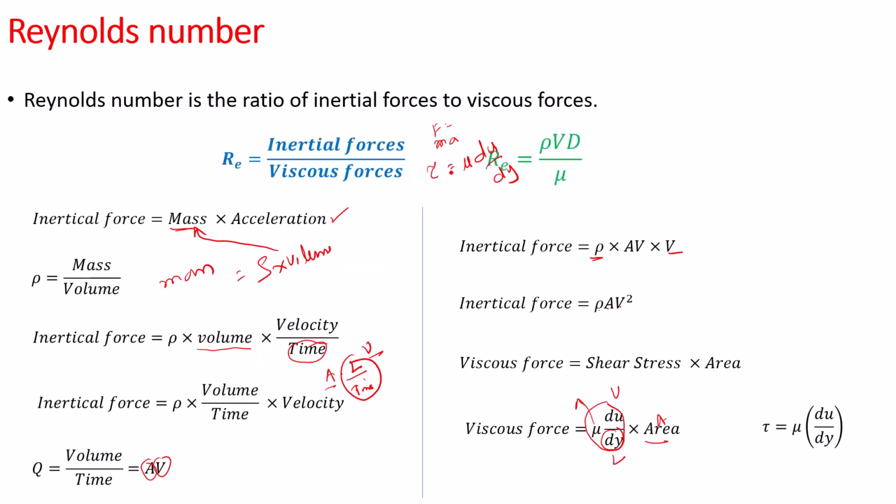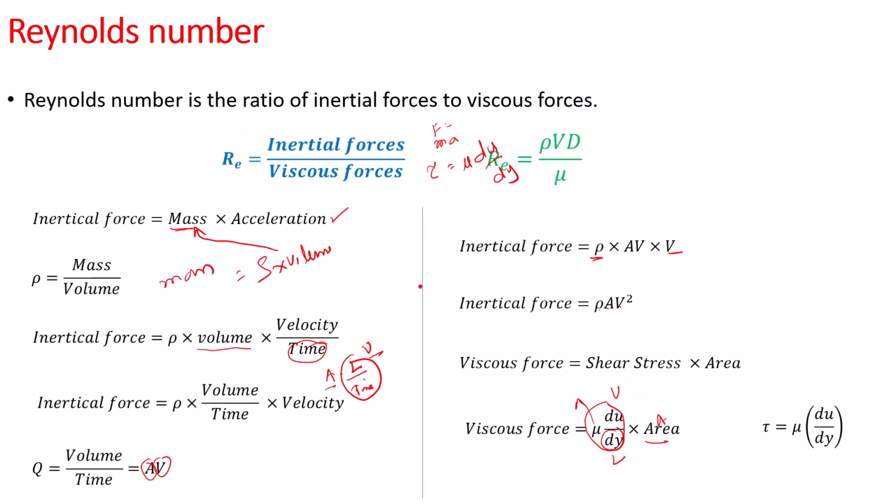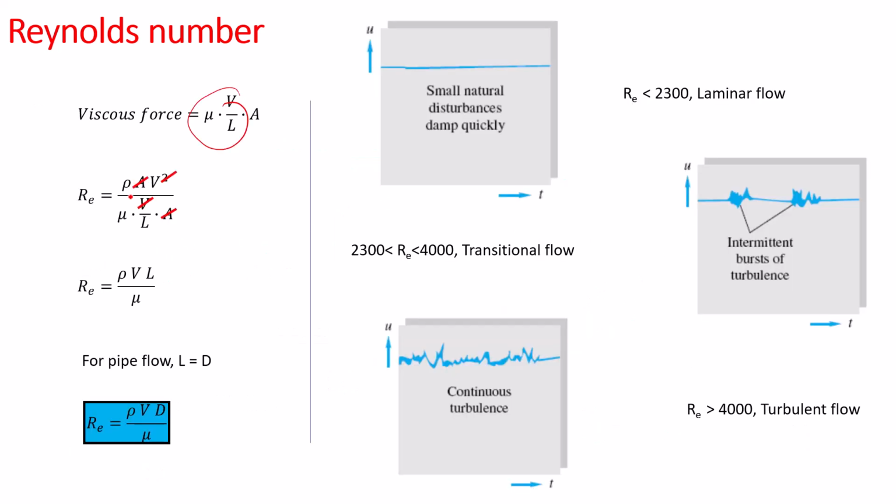Now put these two expressions in this formula. So we get rho a v square upon mu v L upon a. So v will be cancelled one time, area will be cancelled out. So we will get the length in the numerator. So this will be rho v into L, divided by viscosity.